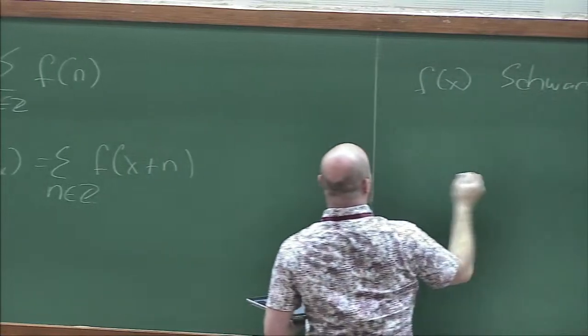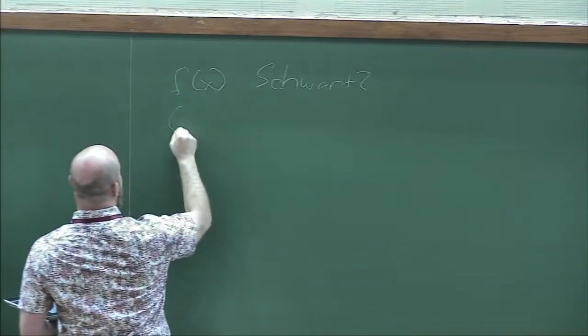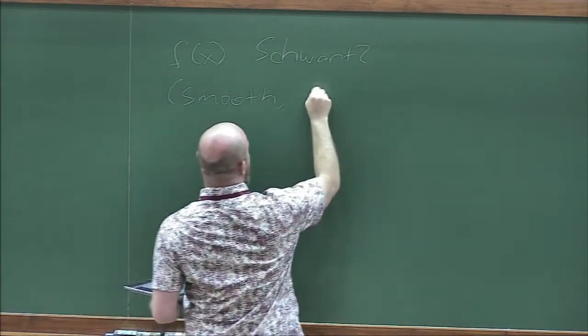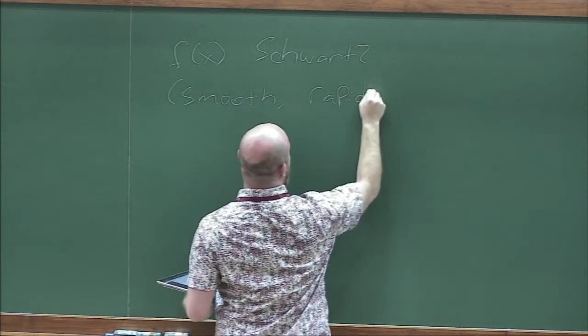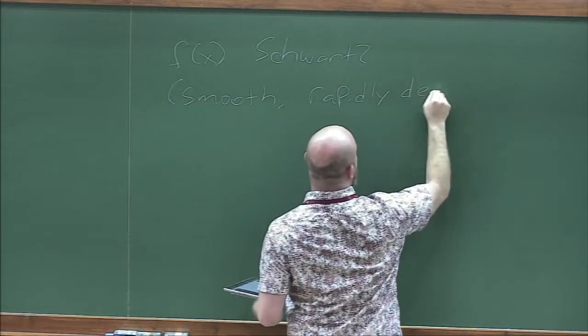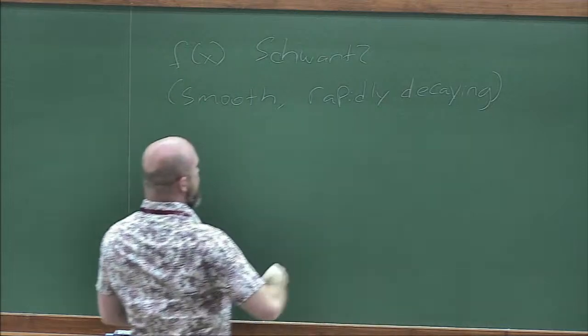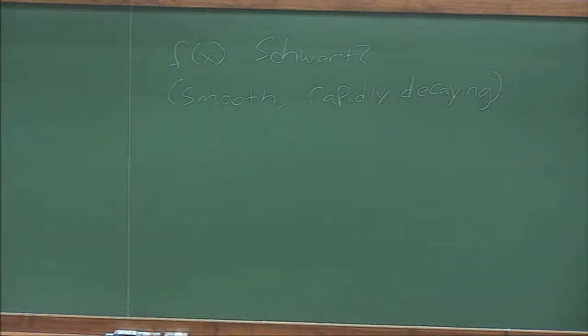Which, for our purposes, we're just going to say that this means that it is smooth and rapidly decaying. Of course, we can expand some things here. We don't always need it to be smooth, but maybe the limit of smooth functions. And I'm going to be a little bit vague about what I mean by rapidly decaying, but let's just accept that for now.